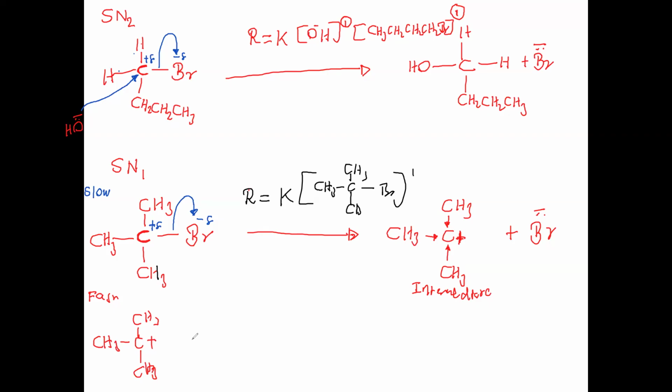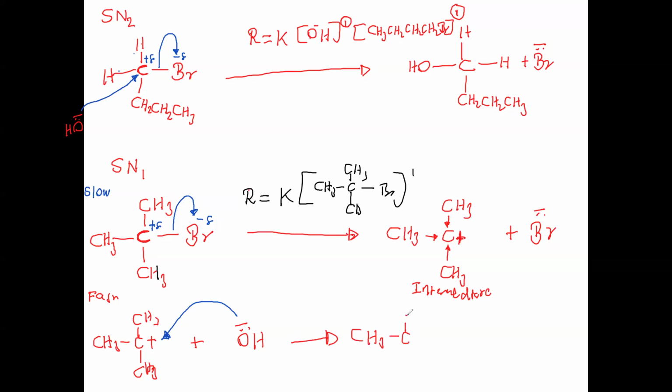Our OH minus ion will come really fast using its electron pair. So it's an attraction between plus and minus. This reaction will be very fast and you will get the alcohol.